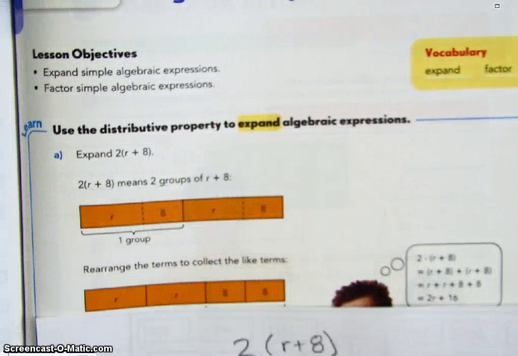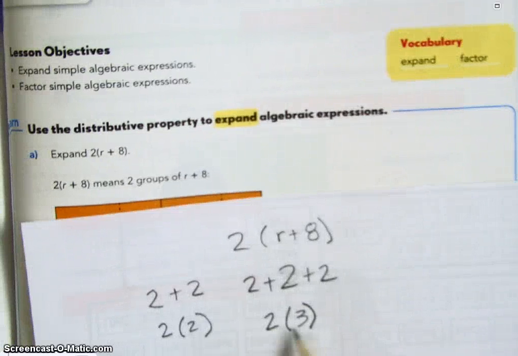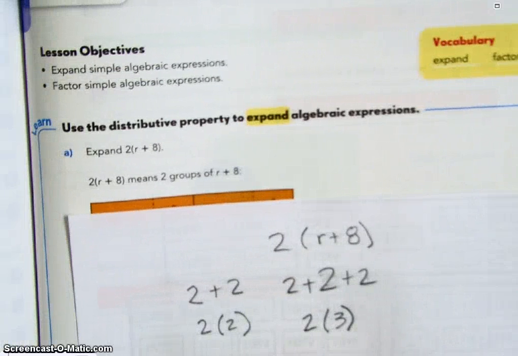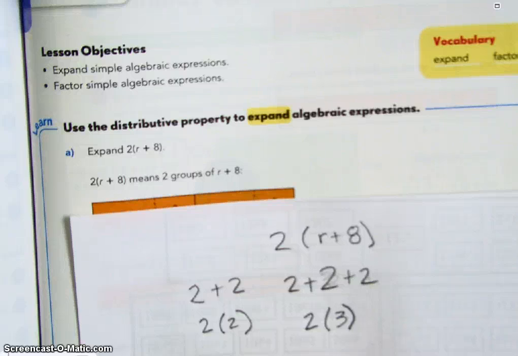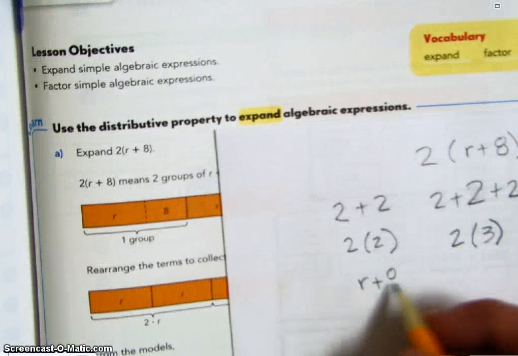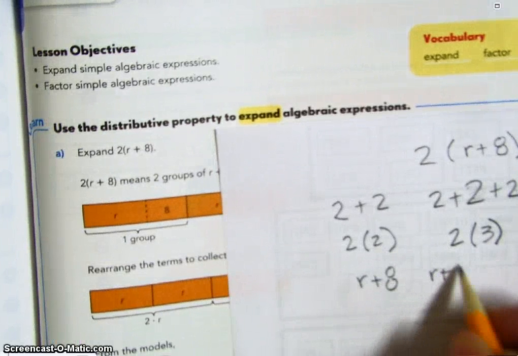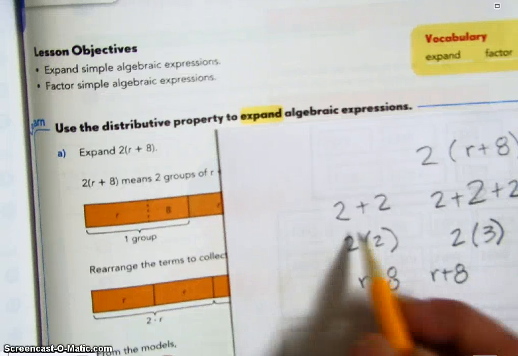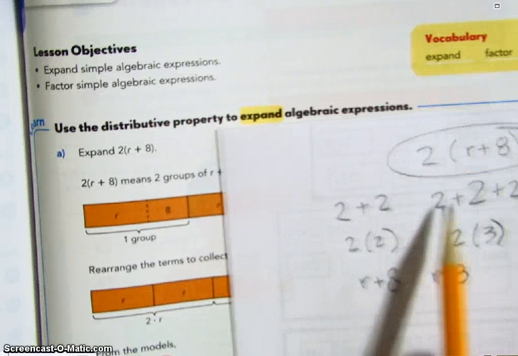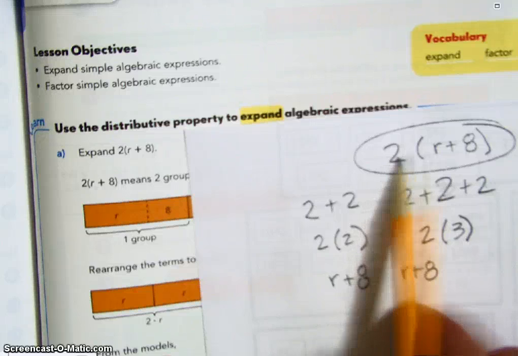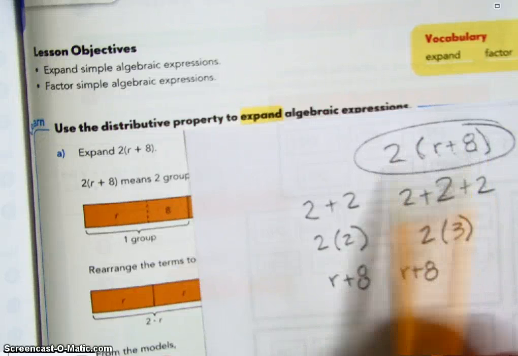If r plus 8 is in the parentheses, just like right here I had a 3 in parentheses, it's saying r plus 8 two times. So this 2 times r plus 8 just means you're adding r plus 8 two times.